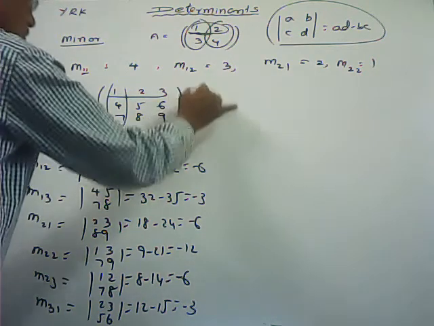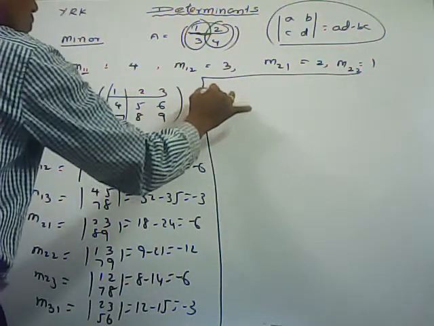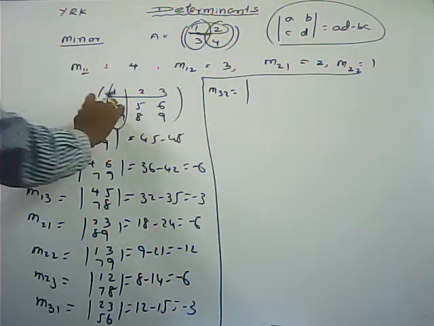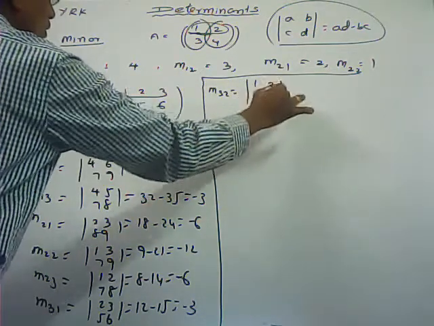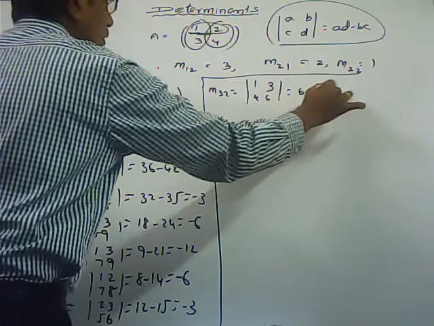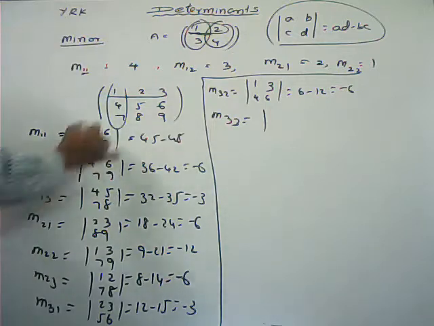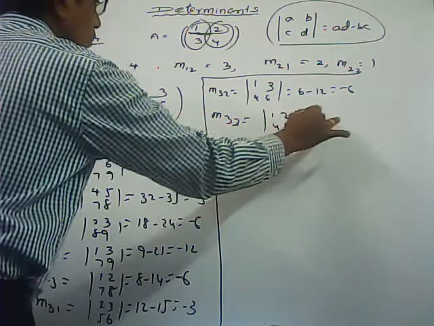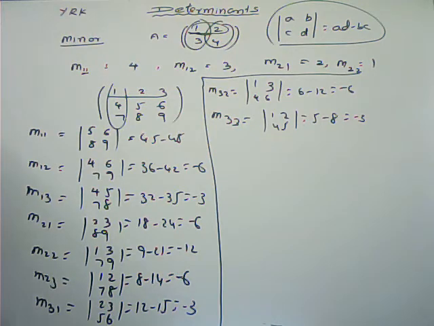Next, M32 is equal to the third row second column, [1, 3; 4, 6], that is equal to 6 minus 12, that is equal to minus 6. M33 is equal to the determinant of the third row third column, [1, 2; 4, 5], that is equal to 5 minus 8, that is equal to minus 3. Like this we can find the minor of an element in a given matrix.